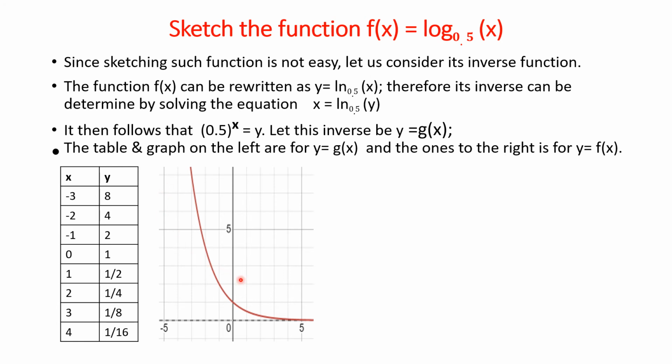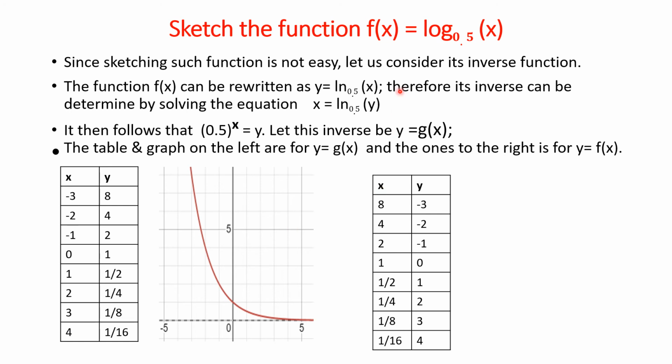Since this is an exponential function, all exponential functions cross the y-axis at the point y equal to 1, and this is crossing at the point y equal to 1. And of course, now we could go ahead and use this table by putting y instead of x and x instead of y, and that will give us the table for the inverse.